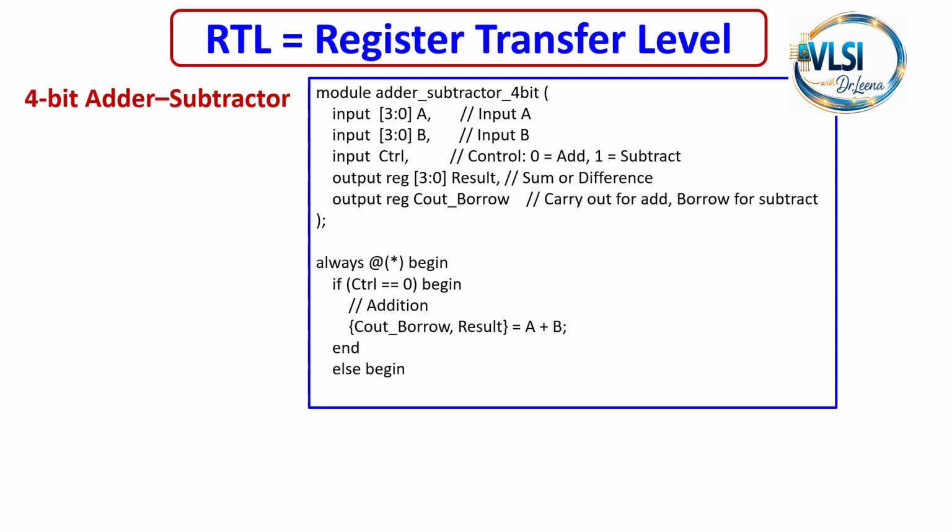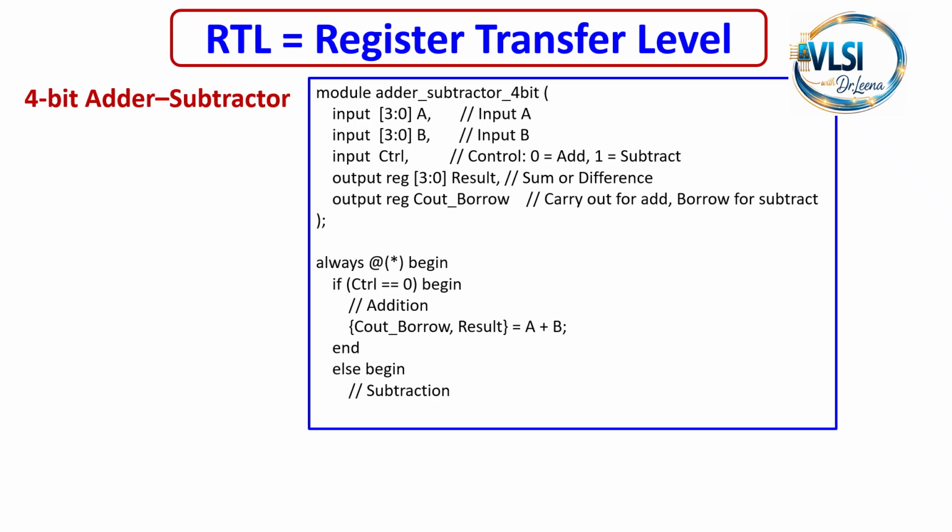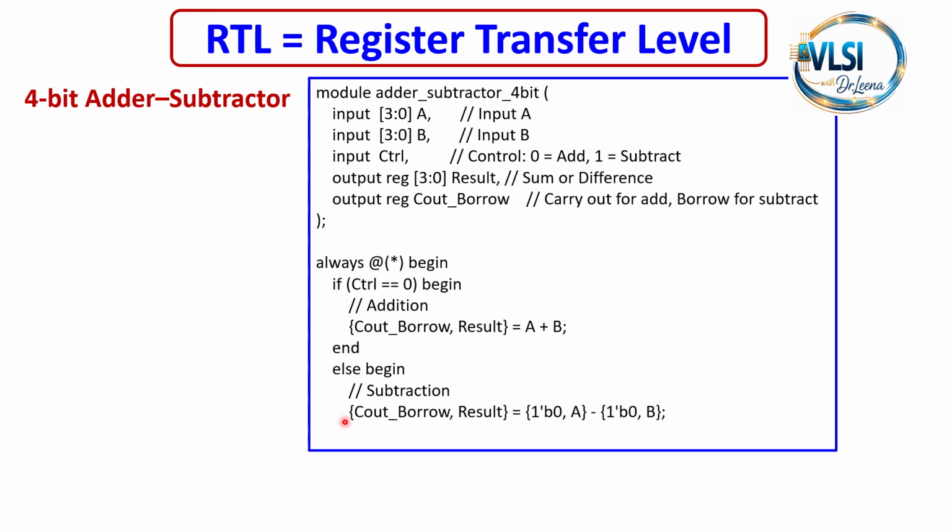Else, if the previous condition is false, that is, if control is equal to 1, then the circuit performs the subtraction operation. This line performs subtraction with borrow deduction. All this explanation we have seen already in the 4-bit subtractor.